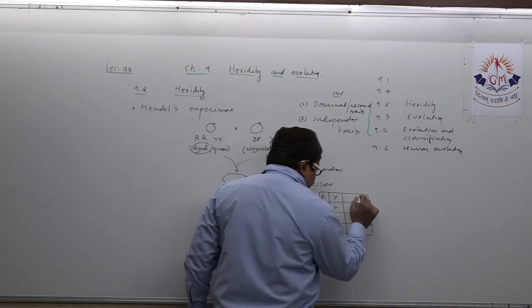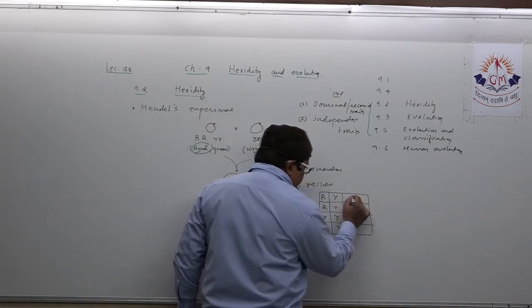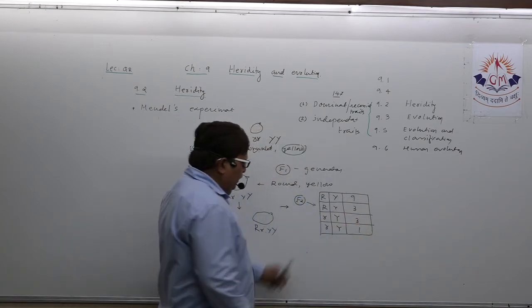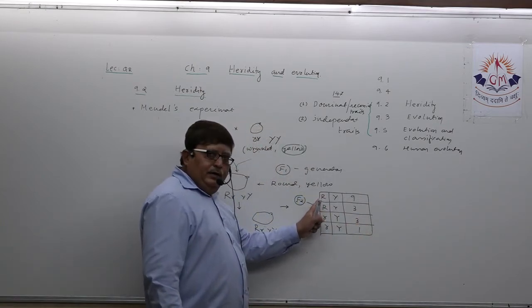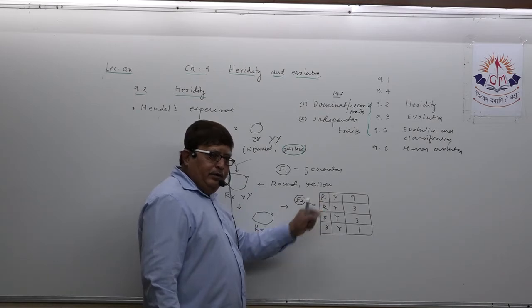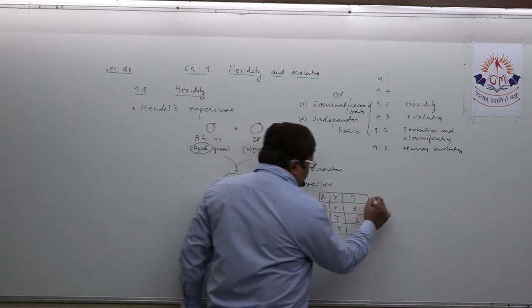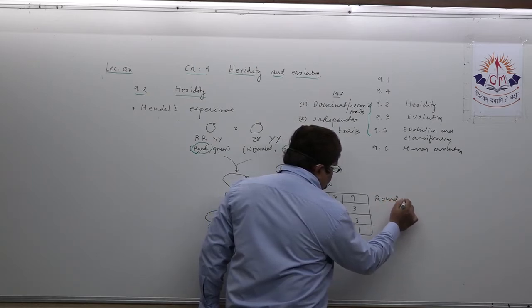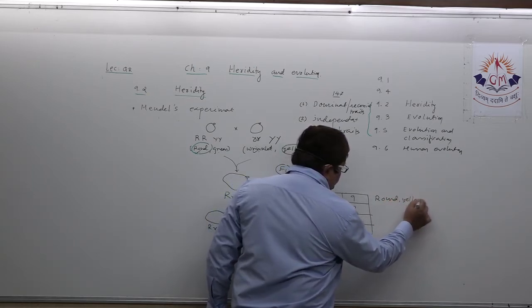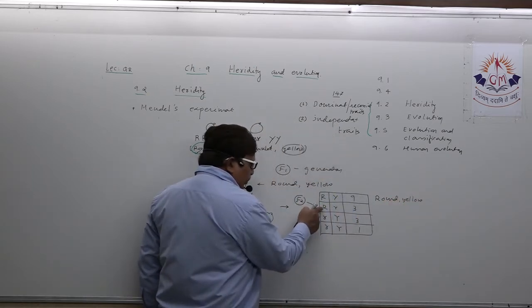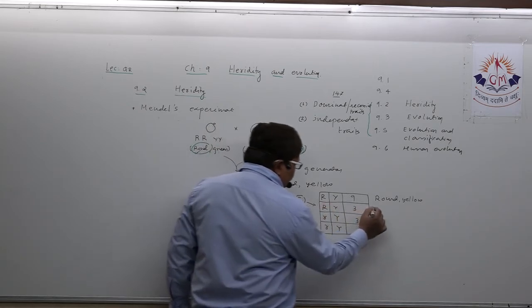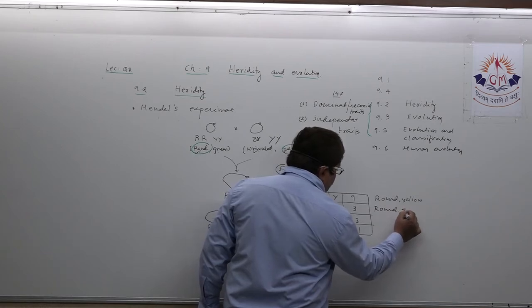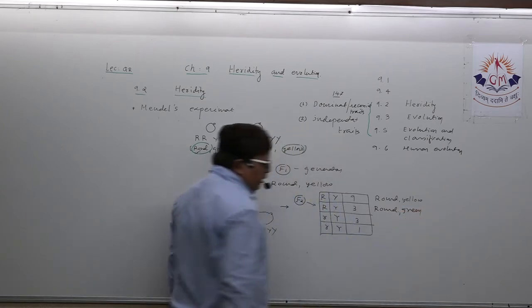Now you remember this number: 9331. RY, R for round, capital Y for yellow, so you can say round yellow. Please remember this. Then capital R, small y: capital R means round and small y means green, so round green.